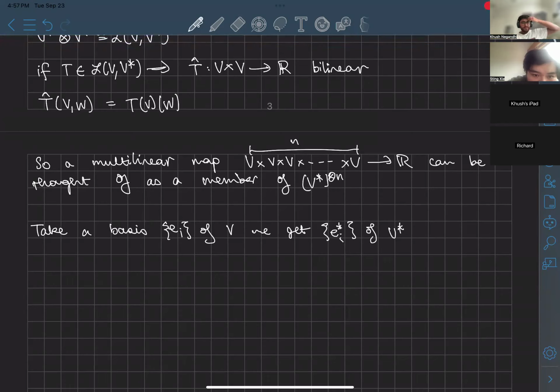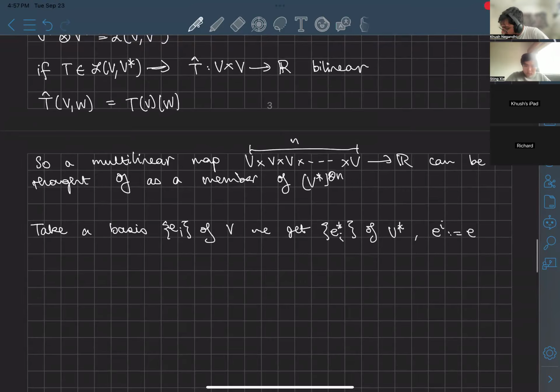But I don't want to keep writing e_i star, so I'll denote e upper i by e star i. If I have an up index, then it's a covector. Vectors in the dual space are also called covectors.